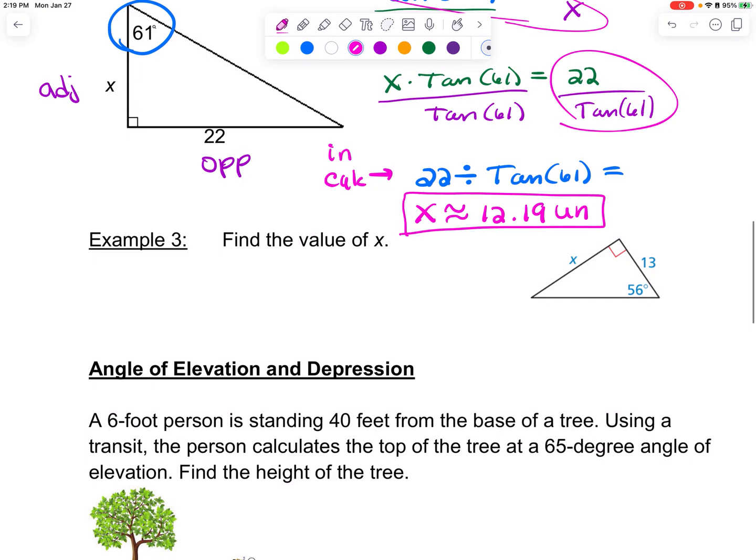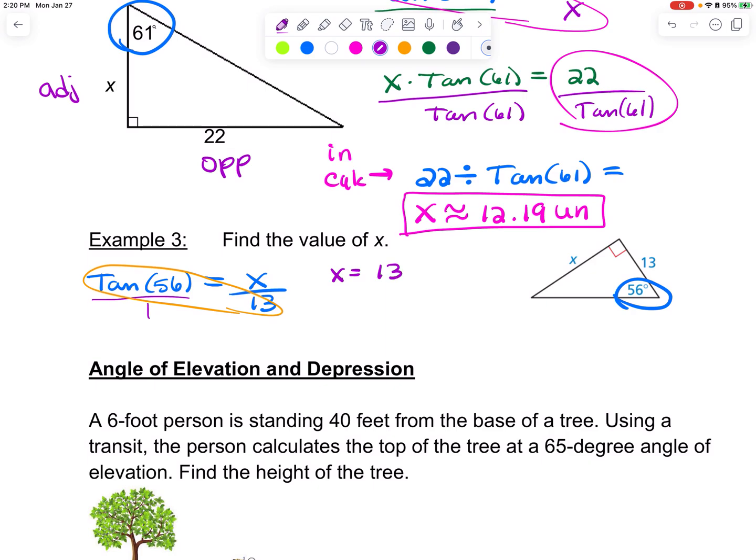Okay, let's do another one. Same idea. We're going to set it up. Here's my angle. Tan 56 equals my opposite, x, over my adjacent, 13. This is an easy one because when you cross multiply, x is equal to 13, make sure you put the number out front, times the function, tan 56.